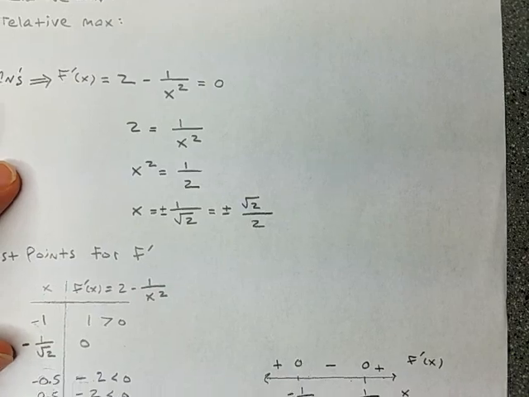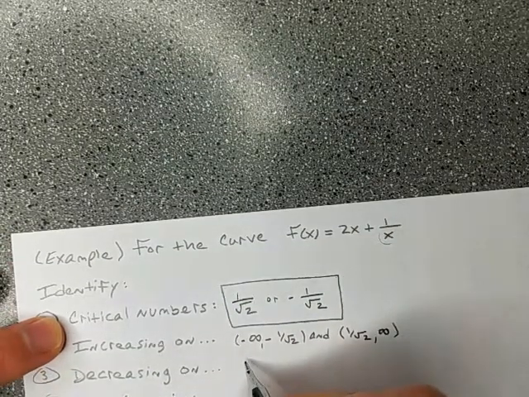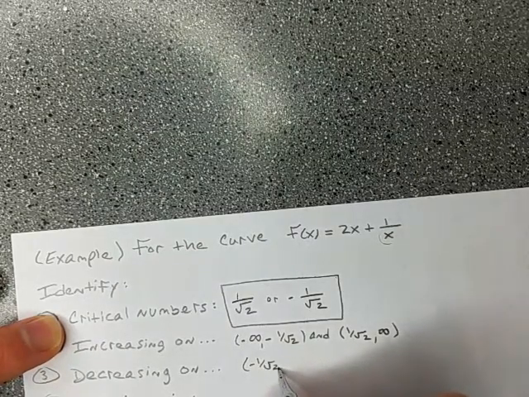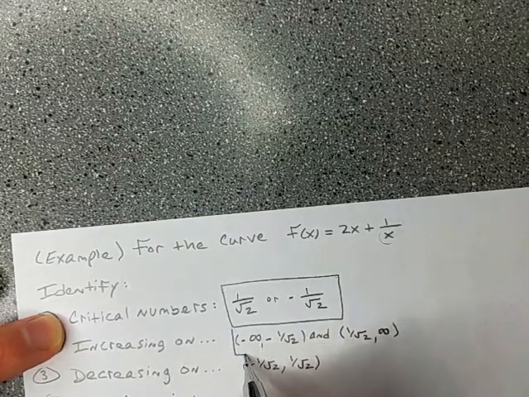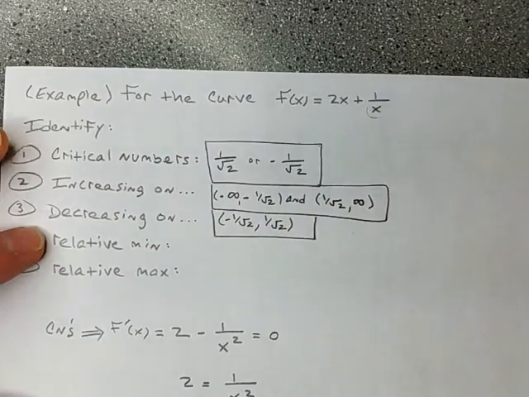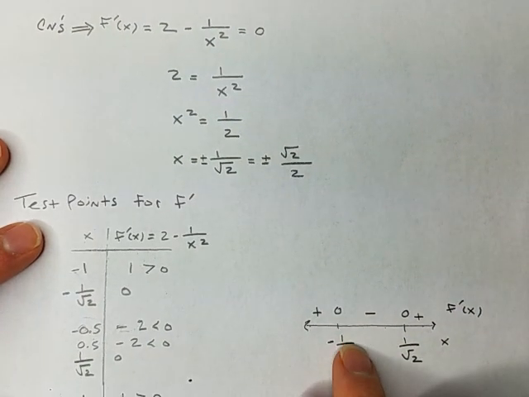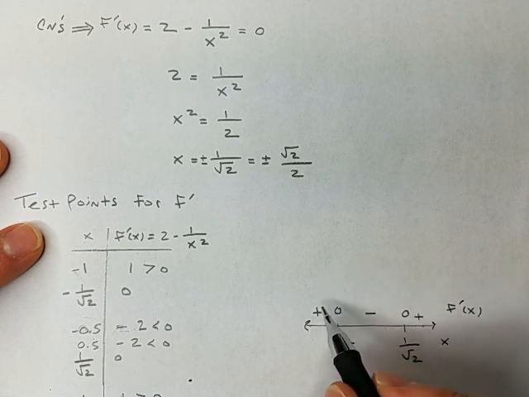All right. Decreasing from negative 1 over root 2 to 1 over root 2. Okay, so like that. And that. What about relative maximum and minimum? Well, this describes the shape of the curve. Okay, so let's leave it like this.